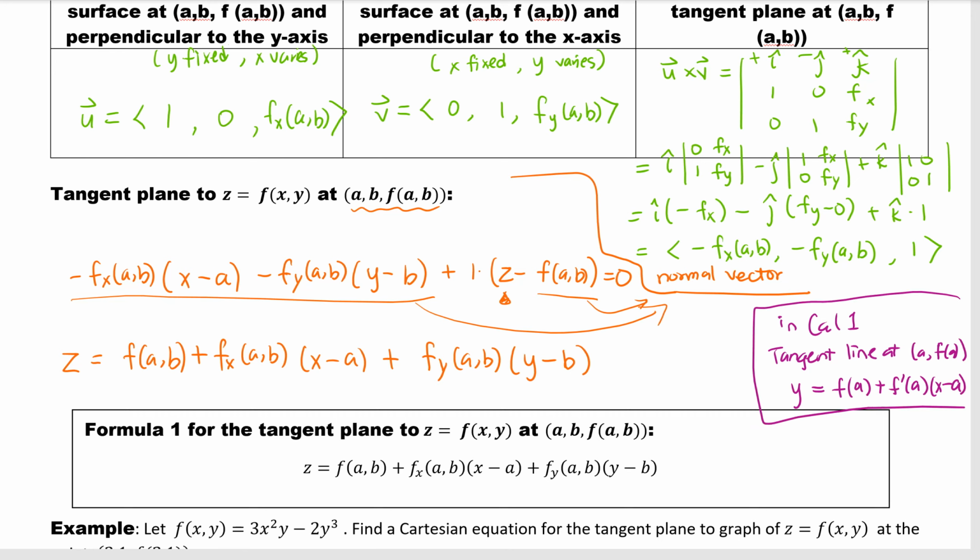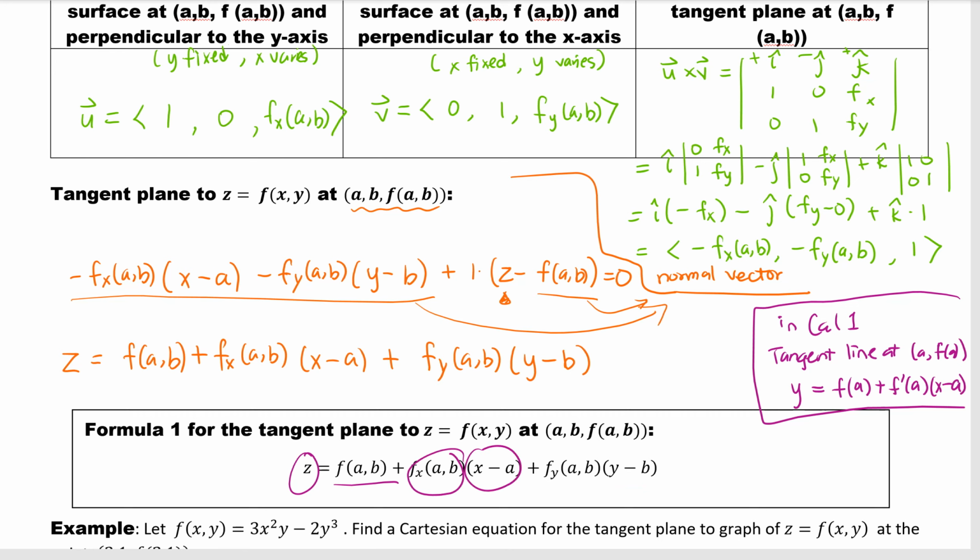And right now it's very similar, right? Because z is now a function of x and y, so we have z on the left. And then the function value at that point, so f of ab plus the derivative times a linear factor in x, and in y, okay? So that's the derivative times the linear factor.